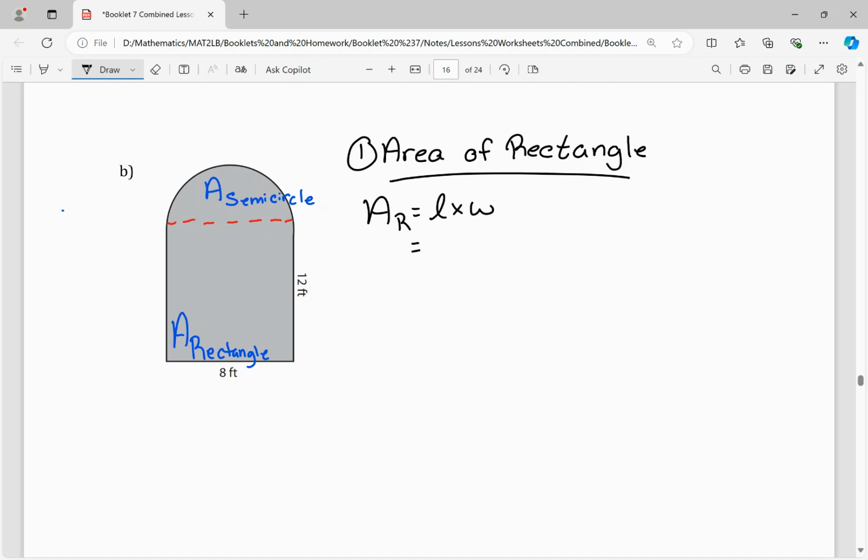In this situation, the length of the rectangle is 12, and the width of the rectangle is 8. So 12 times 8 gives me 96 feet squared. Check. That's the easy part.